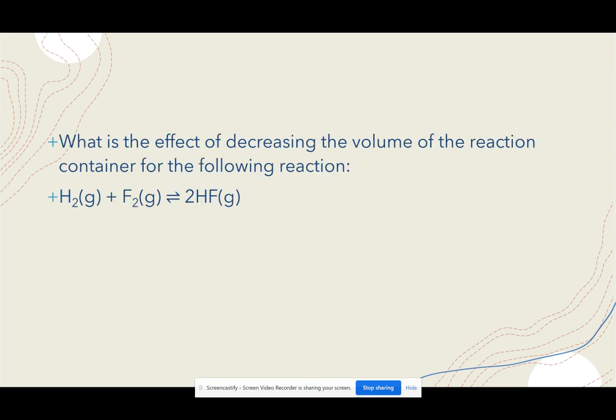Now this one's an interesting situation because I have 2 gas particles on each side. And so I'm decreasing the volume, which means I'm increasing the pressure. But since each side has 2 gas particles, there is not a side that's going to relieve that change in pressure. So there's going to be no change to the system.